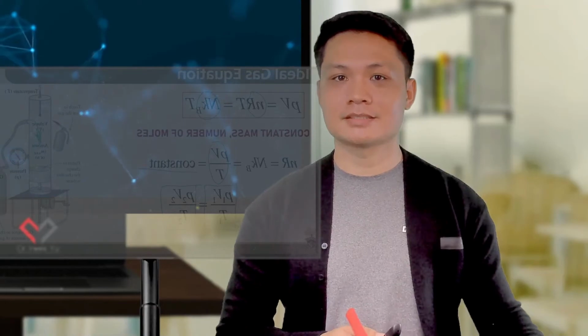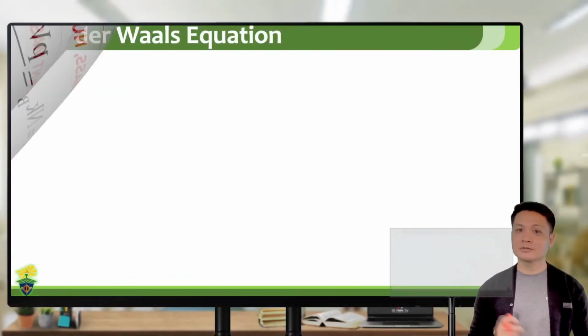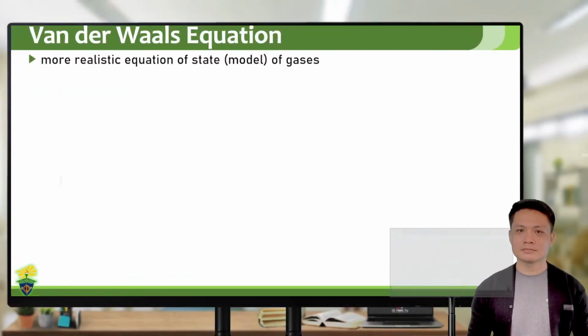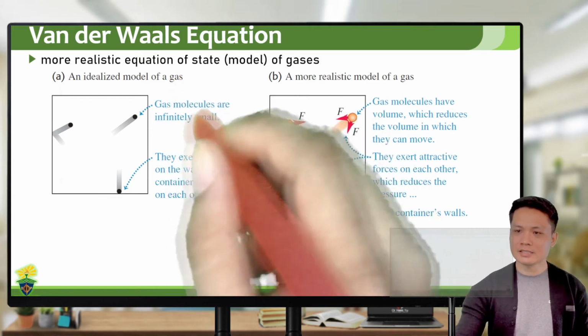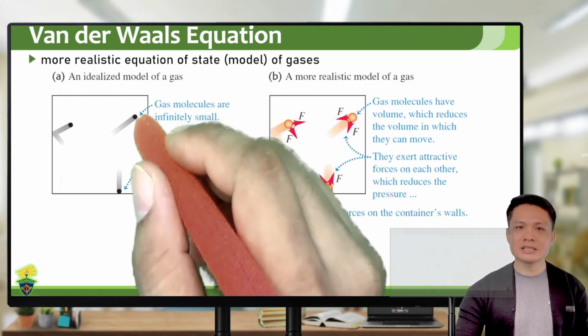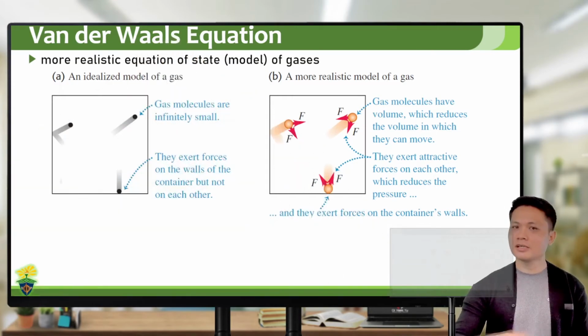You might ask, how about non-ideal gas? Here we have the van der Waals equation. According to this formulation, this is a more realistic approach in discussing the behavior of gases. The difference between the two is that, again, as mentioned, ideal gases are treated as infinitely small, so they do not themselves occupy volume within that space.